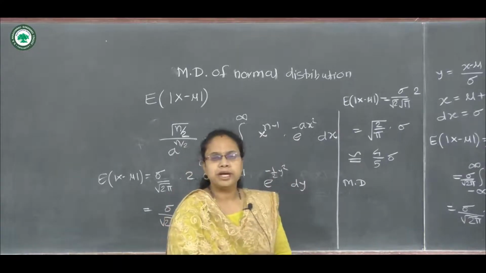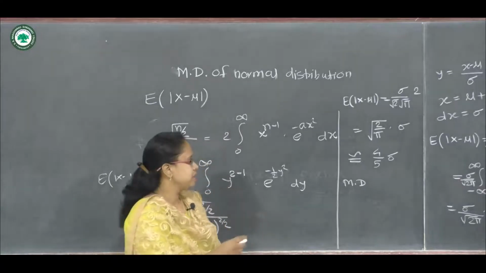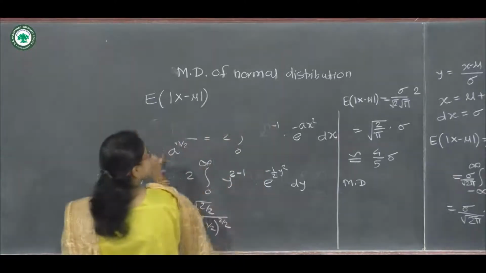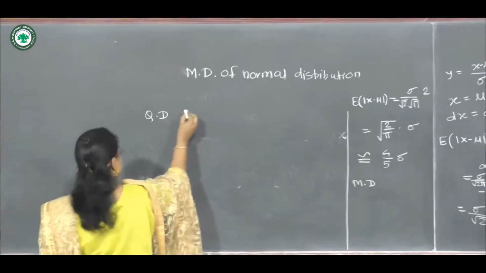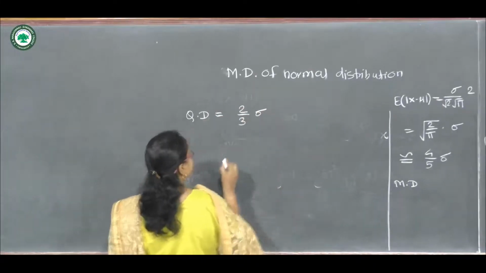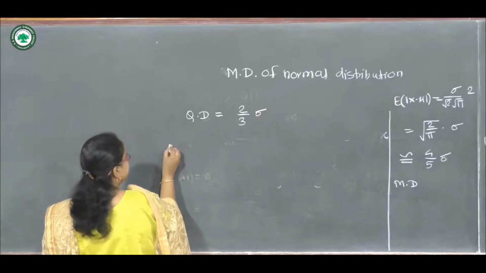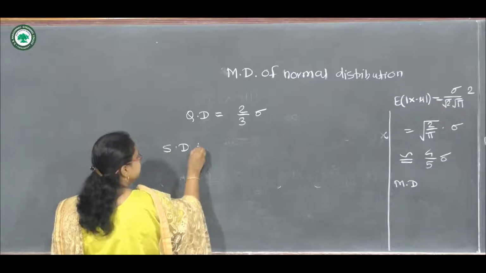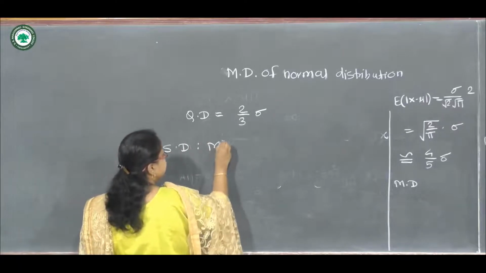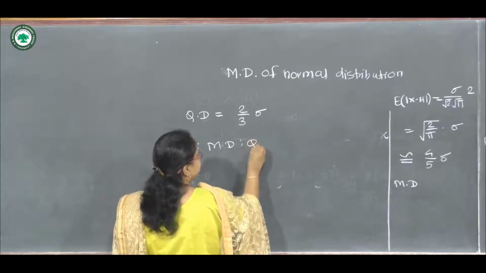So we can compare mean deviation, standard deviation and quartile deviation with the relation: quartile deviation is approximately equal to 2 upon 3 sigma. Then we will have the relation between standard deviation, mean deviation and quartile deviation.